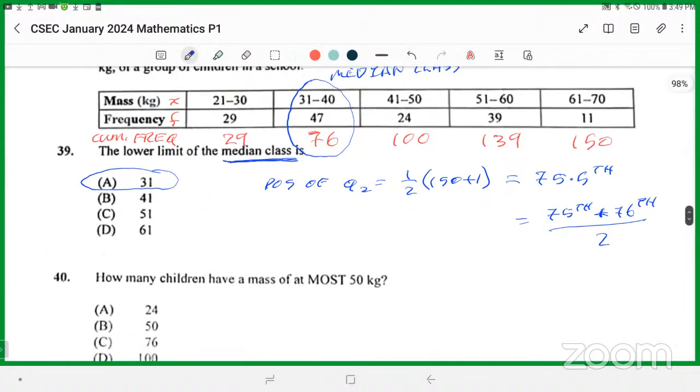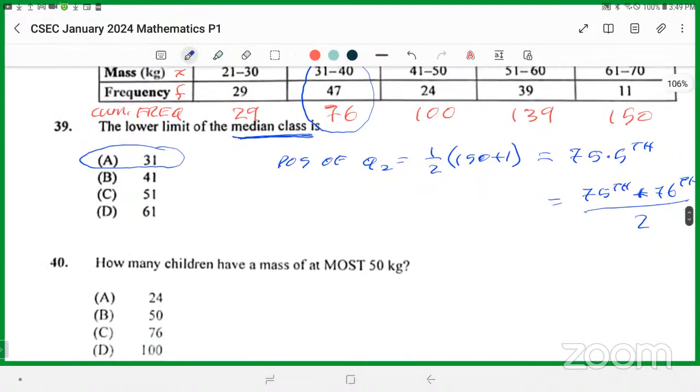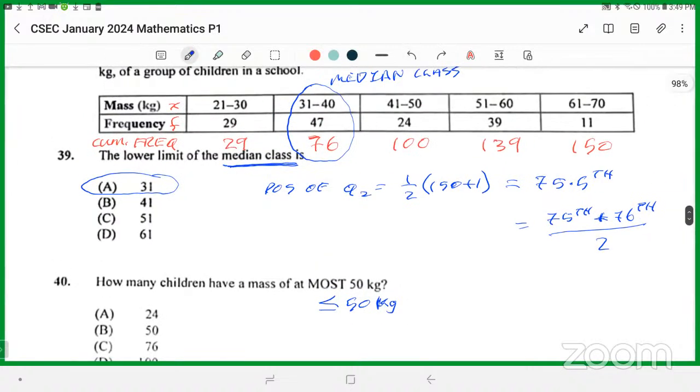This one says, how many children have a mass of at most 50 kilograms? At most 50 means less than or equal to 50. I want to know how many people measure this. I go up to 50 now and reach 100.